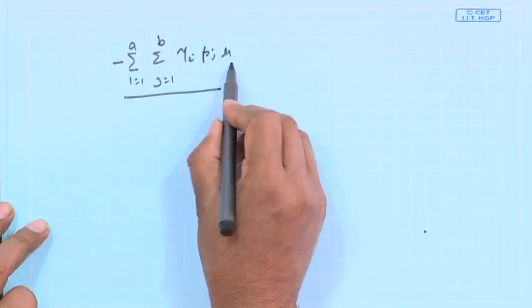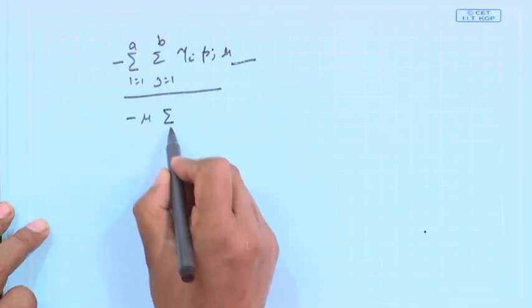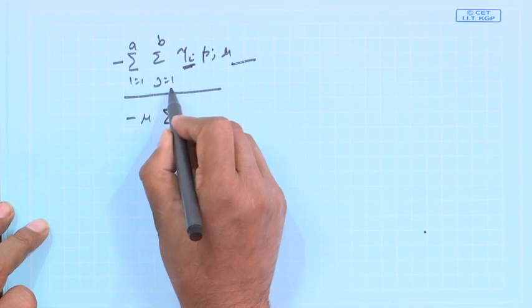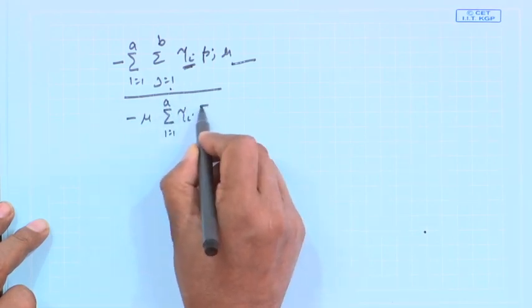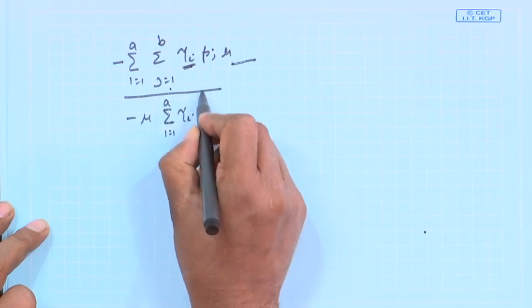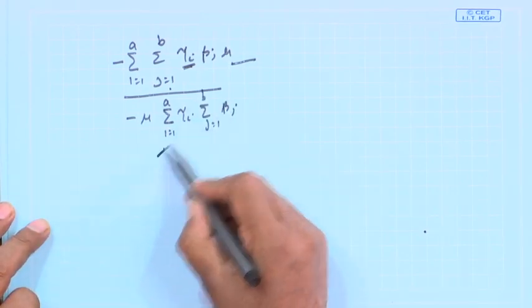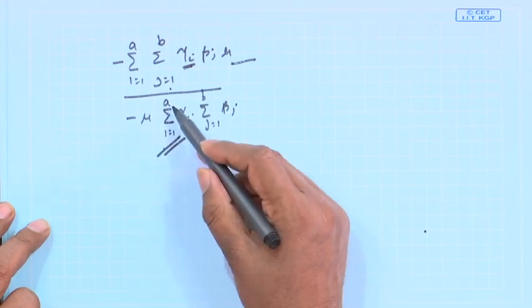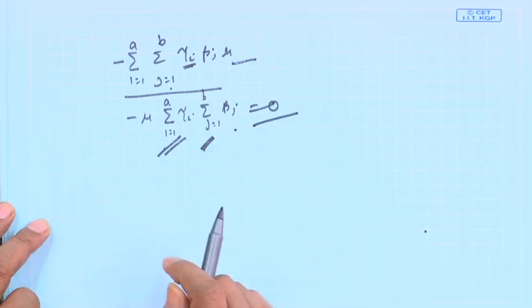This term mu is independent of ij, so we can write minus mu times the sum of tau i over i equal to 1 to a, and since tau i is independent of j, also the sum over j equal to 1 to b of beta j. But you all know that the sum of tau i and the sum of beta j are 0. So, this quantity becomes 0.